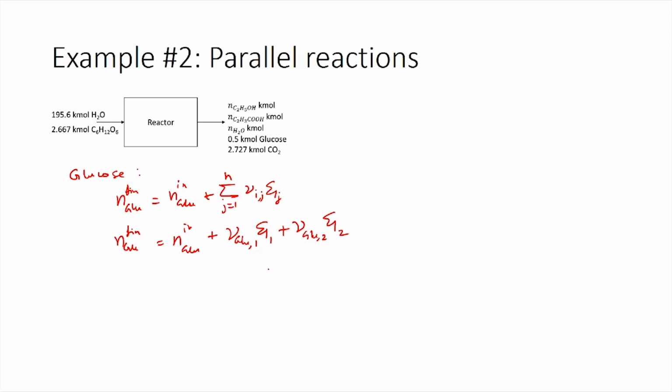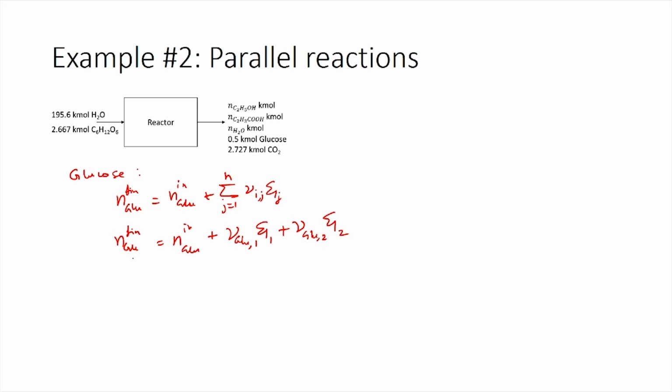Looking at the data given in the problem, we know the number of moles of glucose present in the initial condition and in the final condition. We also know that the stoichiometric coefficient for glucose in both the reactions is 1. However, glucose is a reactant, which means the stoichiometric coefficients would be written as -1 to account for the glucose being consumed instead of generated.